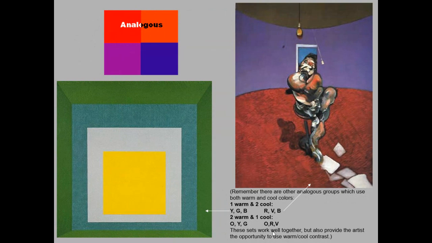These colors have a little more tension in them. We could have analogous colors that have some warms and some cools. Yellow we often associate as a warm color, but yellow is next to the greens, which are next to the blues. So this piece here that has this yellow that pops out at you still feels like these all belong together because the analogous color scheme, yellow into green into blue, is maintained.